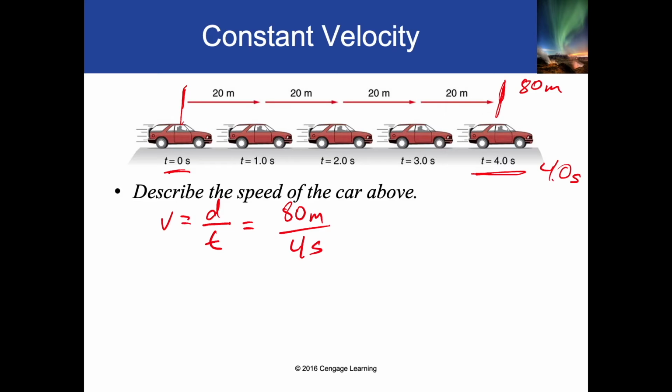And then we can divide 80 divided by 4, and that gives us 20. That's called head math right there. And then we have meters per second. Nothing cancels, so our unit now will be meters per second. So is this correct for significant figures?